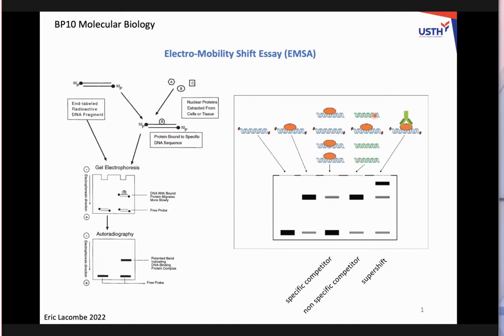The fragment that we add as a competitor, the one that is not labeled, instead of having the same sequence of the probe, we use a different sequence. So you see in this example, the probe is in blue and the non-specific competitor is in green. You can see it? Yes or no?